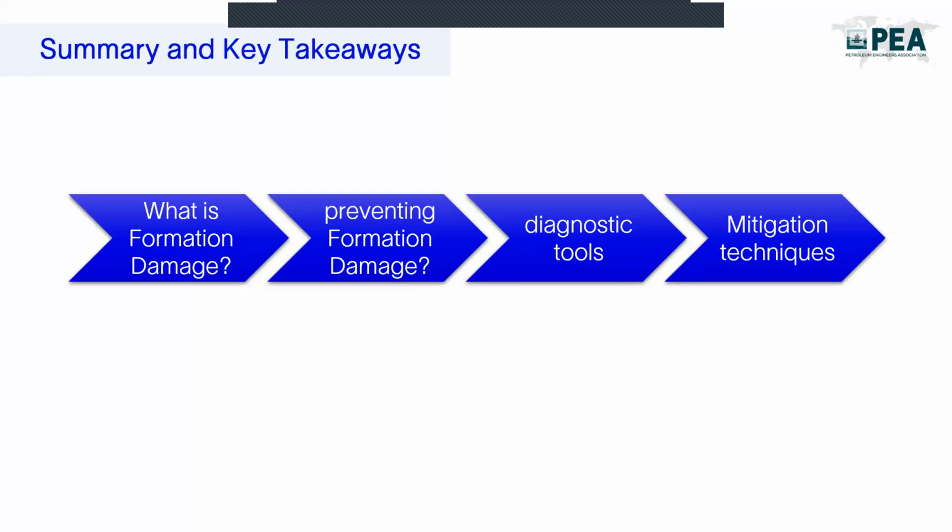And when the damage occurs, you need to diagnose the case. There are diagnostic tools like pressure transient analysis and well testing that will help you identify the extent and the severity of the formation damage. And after diagnosing, you will propose the most efficient way. There are many mitigation techniques, such as matrix acidizing and hydraulic fracturing or acid frac, employed to restore or enhance the permeability in the formations.